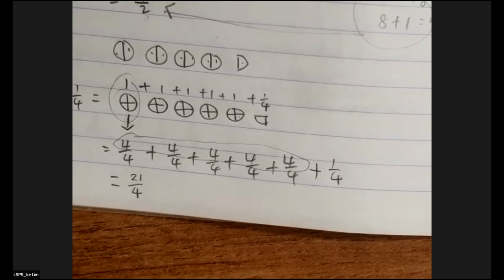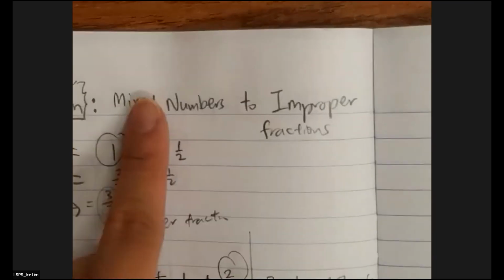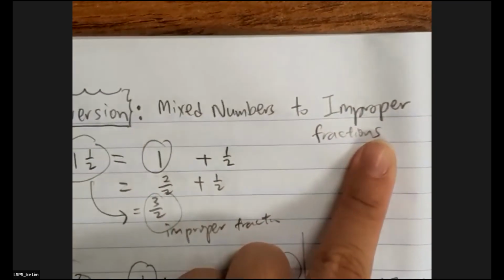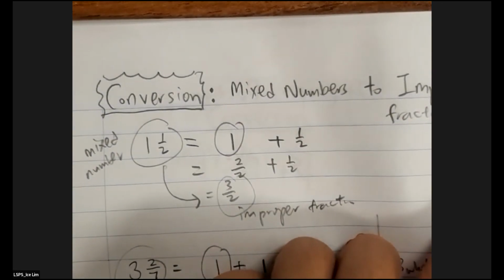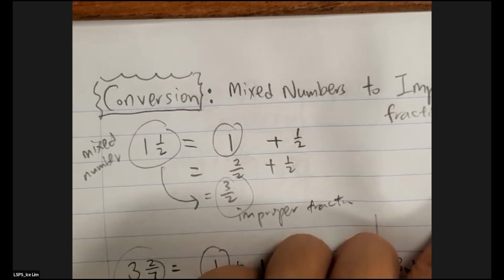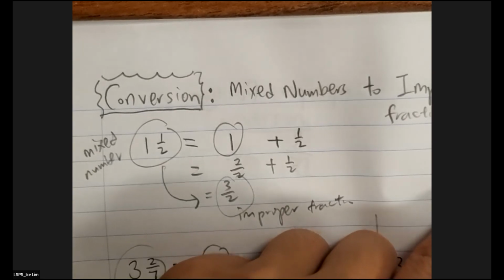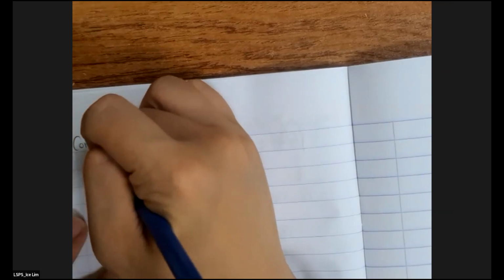Is that okay? Now, to convert from mixed number to improper fraction, that's what we have just been doing. Now we do the opposite. Fresh page now, the opposite. Still at the term conversion.